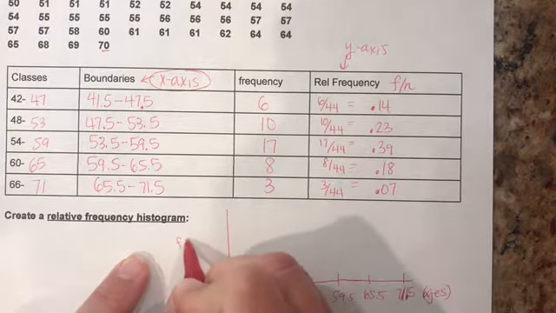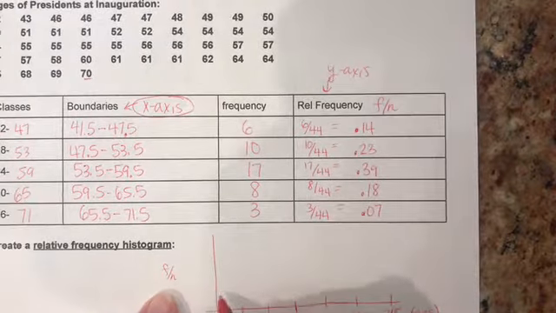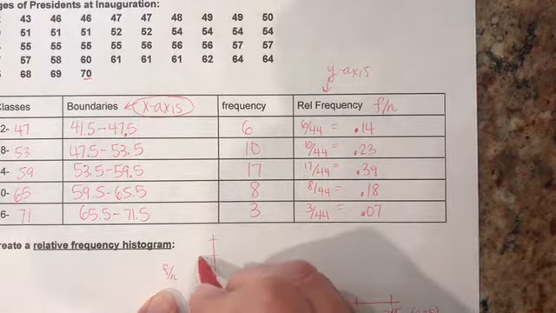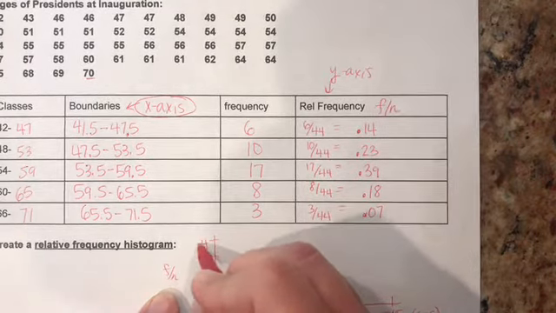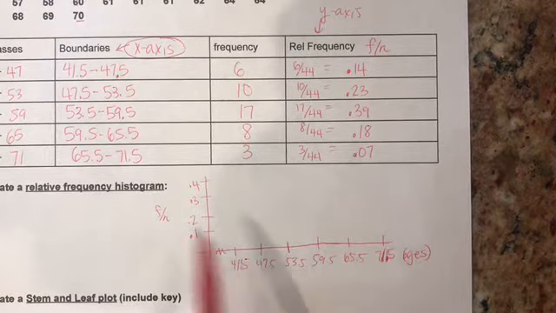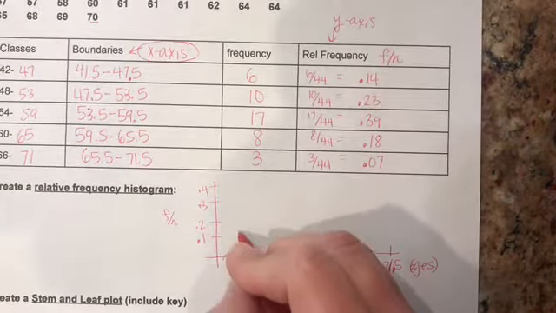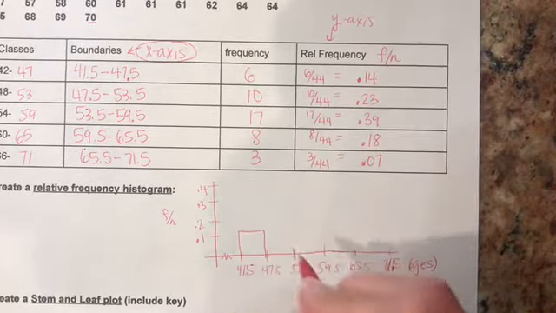So over here, the label is F over N, and our highest number is 0.39. So I think it would make sense to do our label 0.1, 0.2, 0.3, 0.4. Make sure when you draw your histogram, your bars are touching. So this first section from 41.5 to 47.5, they have a height of 0.14. So just kind of estimate that.